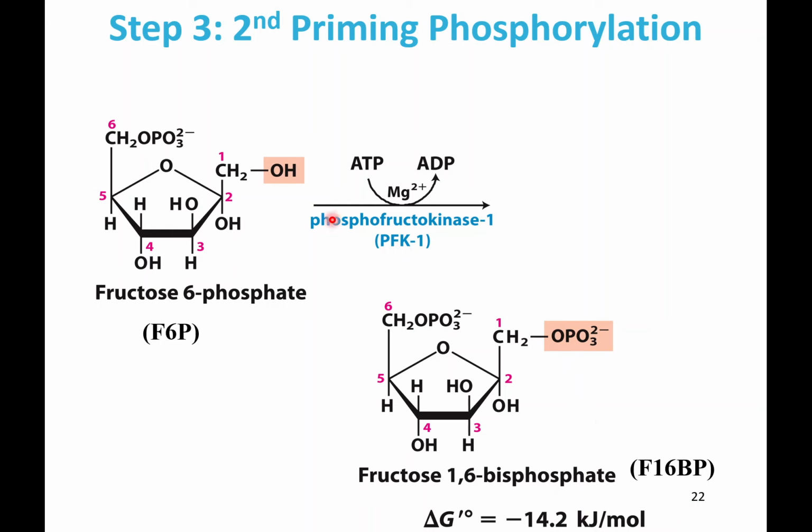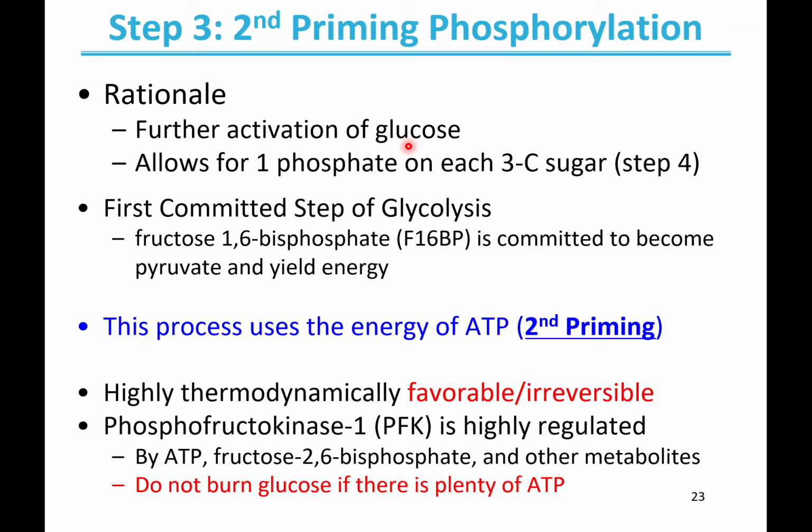And this enzyme that catalyzes this reaction is called phosphofructokinase 1, or PFK1. Phosphofructo because that's your substrate, and kinase because you're, again, adding a phosphate group. And this reaction type, again, is a group transfer. The rationale behind this step is a further activation of glucose.